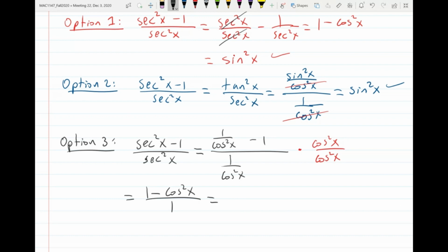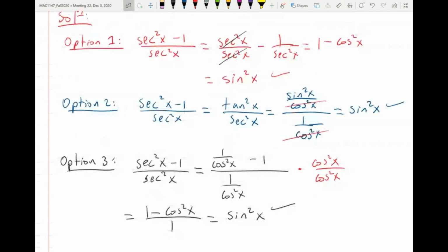And then as you know, 1 minus cosine squared, that is sine squared. So this one is essentially very similar to option number 1, if you think about it, okay? But instead of splitting as a fraction, we first went directly to cosine, and then we cleared denominators, and then everything became pretty easy after that. Okay, questions?